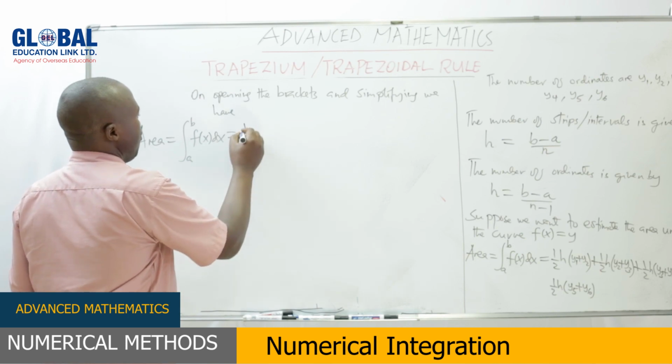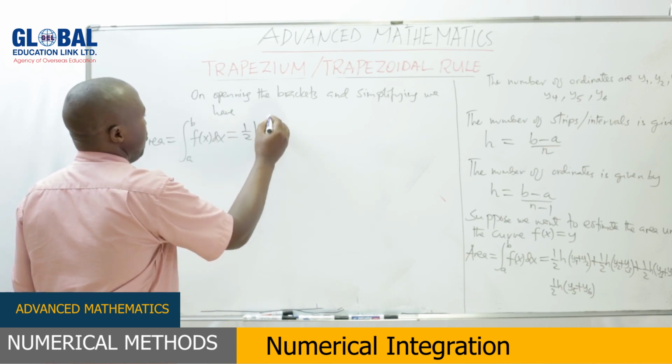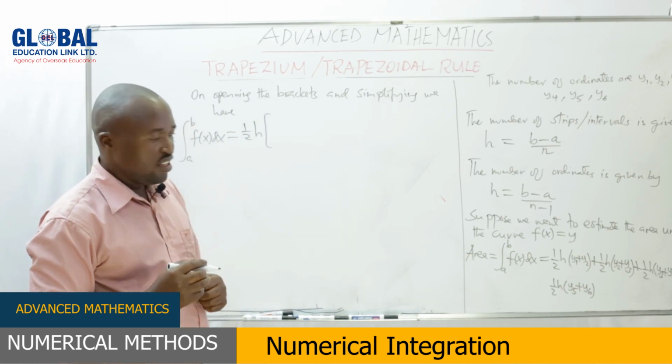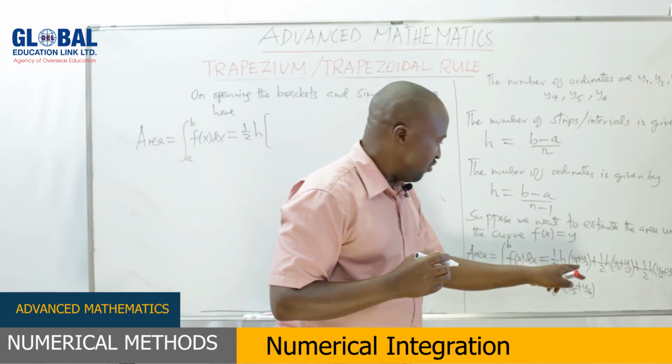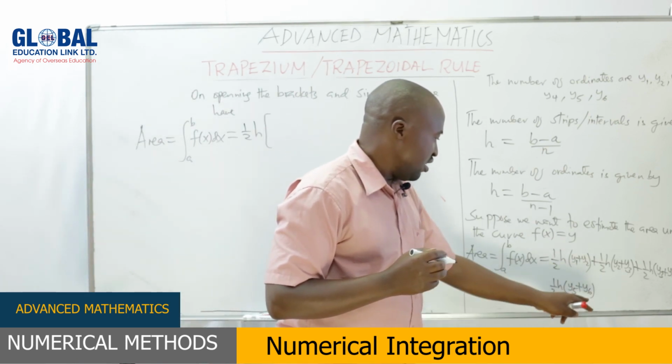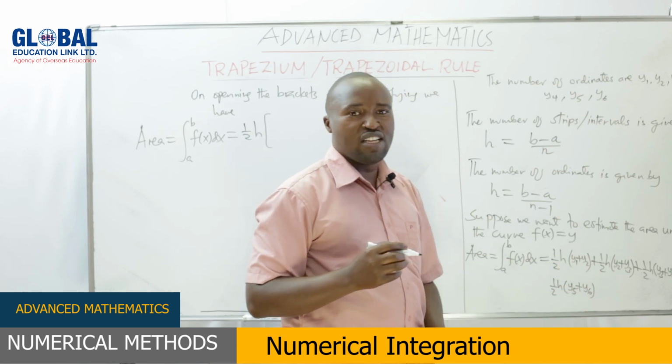So that is 1 over 2h bracket of, here we have the first ordinate, that is y1, and the last ordinate, that is y6.